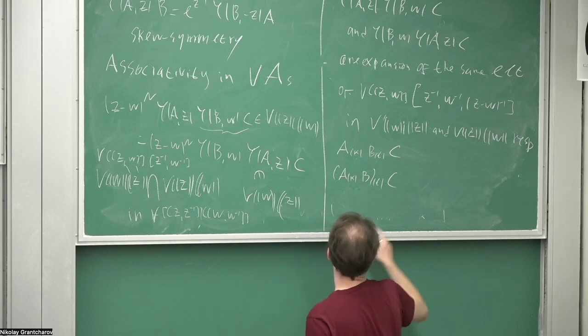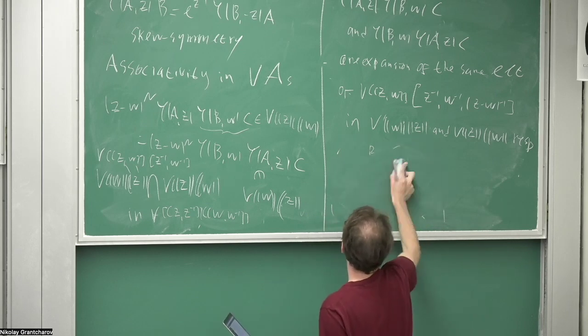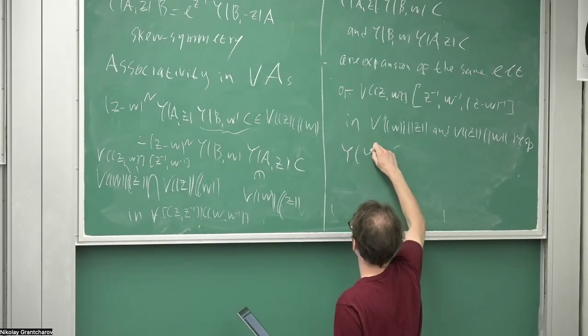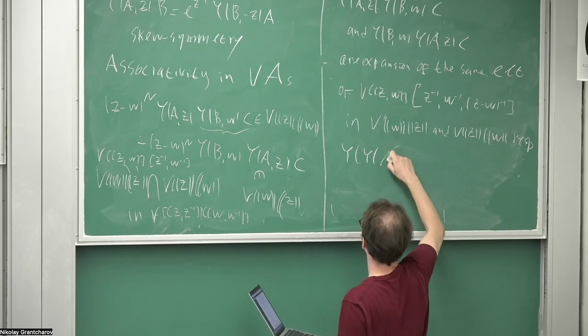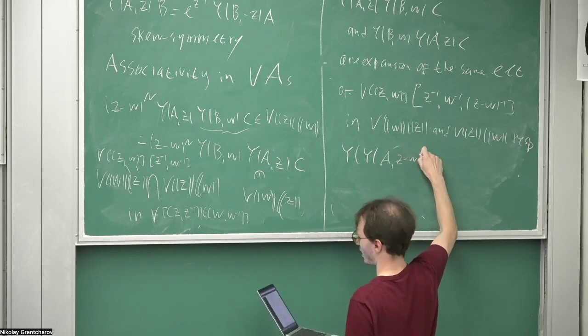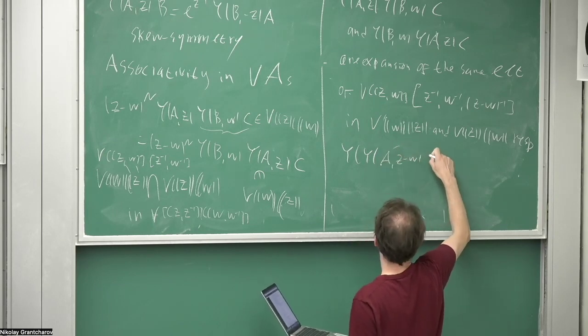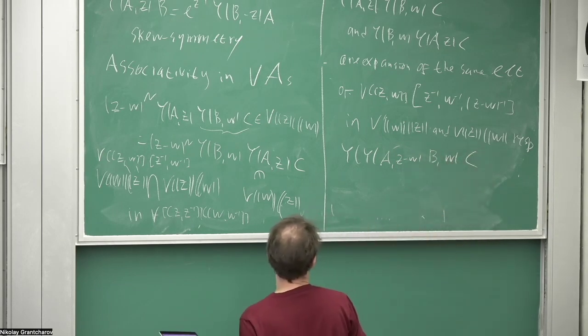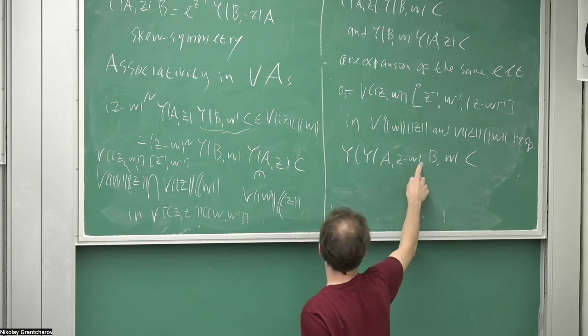The corresponding element is Y(Y(a,z-w)b,w)c. This is a field that I apply to vectors.